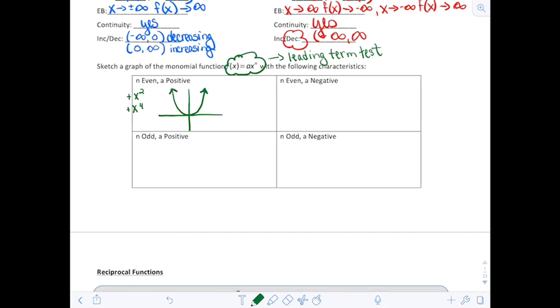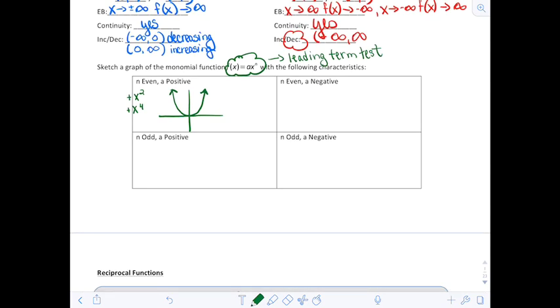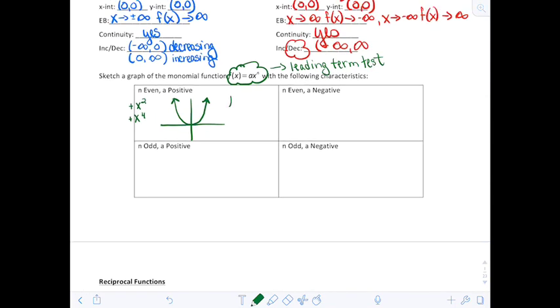So as we look at this graph, it's even, the exponent is even, a is positive. The limit as x goes to infinity, my function, we'll just call it f of x, also goes to infinity. And the limit as x goes to negative infinity, f of x is still going to infinity.